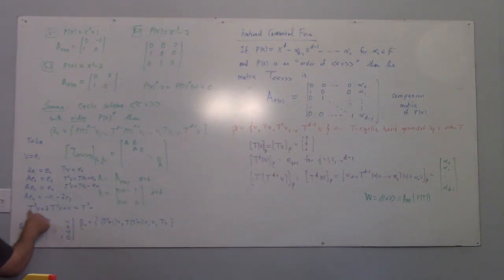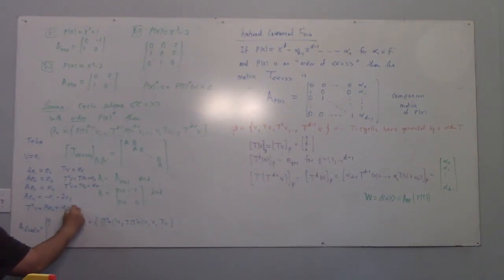And then finally, what's interesting, T to the fourth V is what? T of E4, right? That's A E4, which is also equal to minus E1 minus 2E3. What is that equal to?